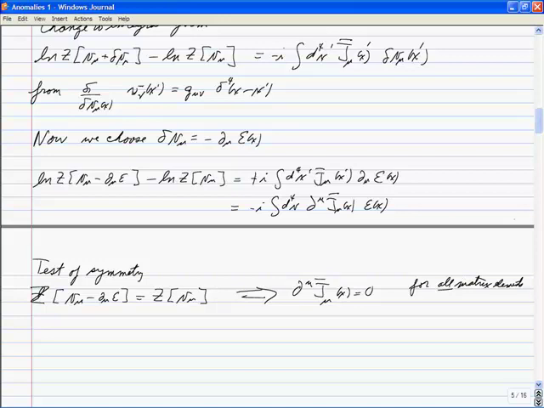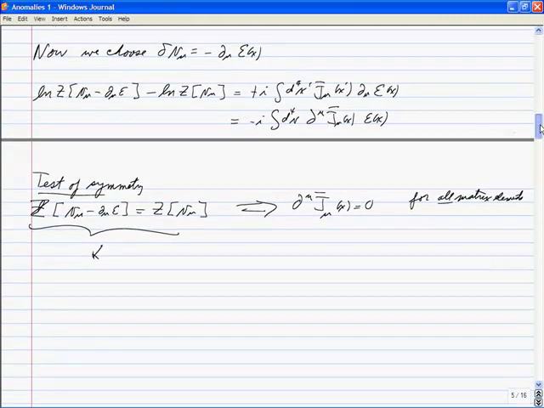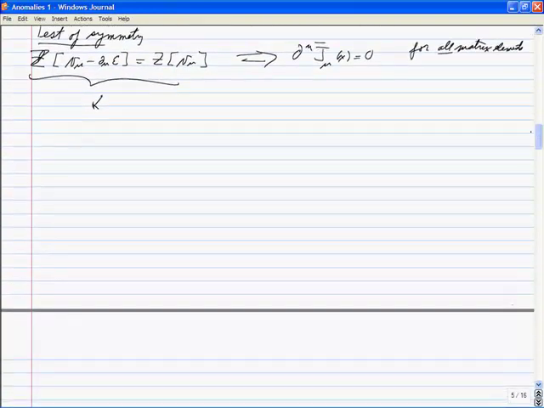Okay. So our test of the symmetry is then this beast right there. Are those two path integrals the same? Okay. Well, we'll see that that's very similar to Noether's theorem. So let's apply it.